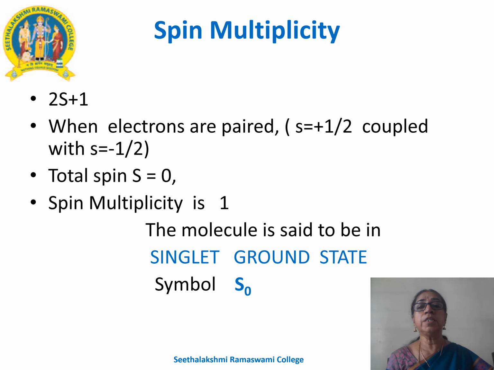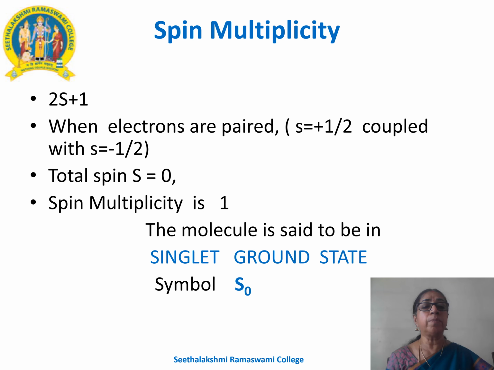The next term is spin multiplicity. We can calculate the spin multiplicity with the help of the formula 2S plus 1, where S is the total electron spin. When all electrons are paired, total spin will be 0.